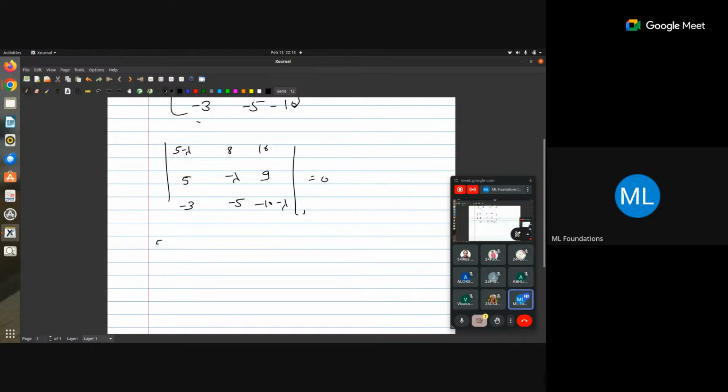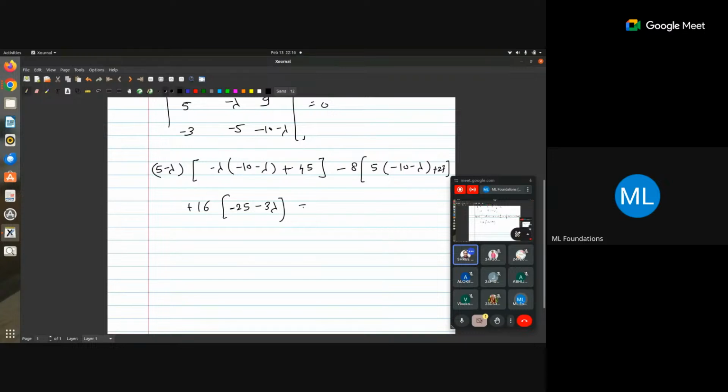So it will be 5 minus lambda into minus lambda times minus 10 minus lambda, plus 45, right? Minus 8 into 5 times minus 10 minus lambda plus 27, and plus 16 into minus 25 minus 3 lambda, correct, and that is equal to 0.